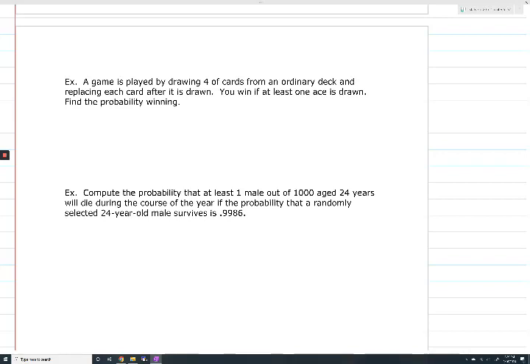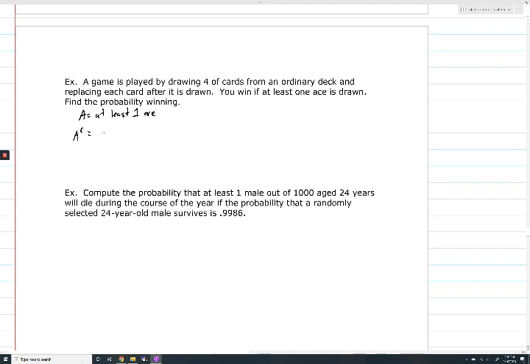A game is played by drawing 4 cards from an ordinary deck and replacing each card after it is drawn. You win if at least one ace is drawn. Again, we're going to go through and set up our event, and that is at least one ace.